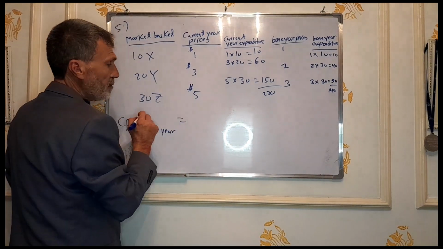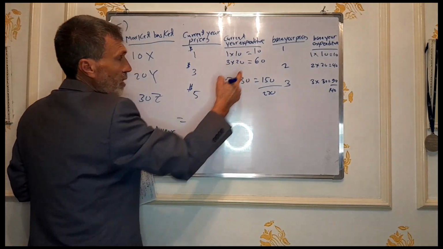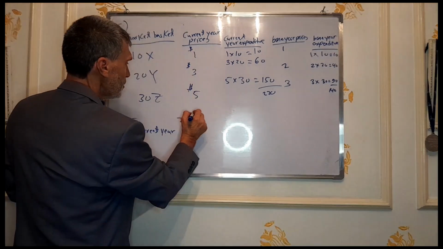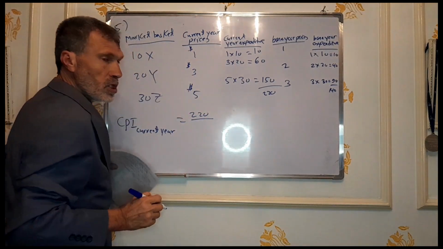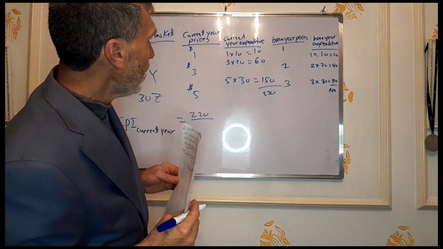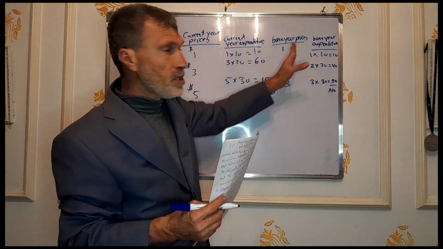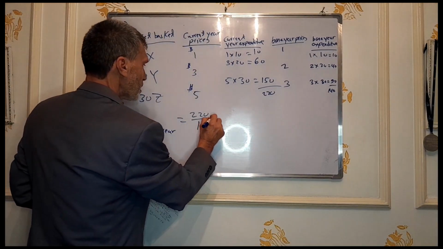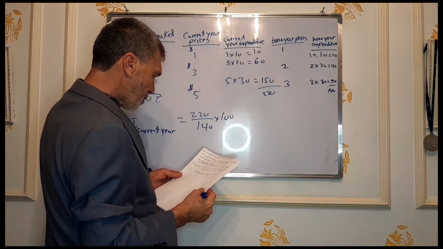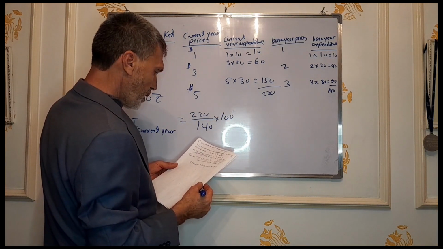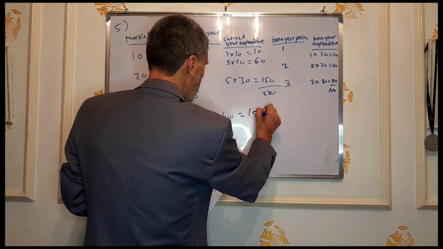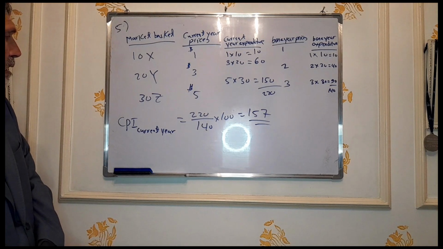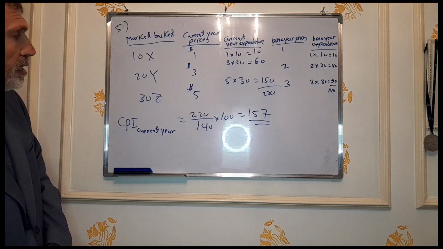It's going to equal the total dollar expenditure of the basket in the current year, which is 220, over the total dollar expenditure of the basket in the base year, which is 140, times 100. And that, of course, comes to 157. So the CPI in the given year, or the current year, is 157.